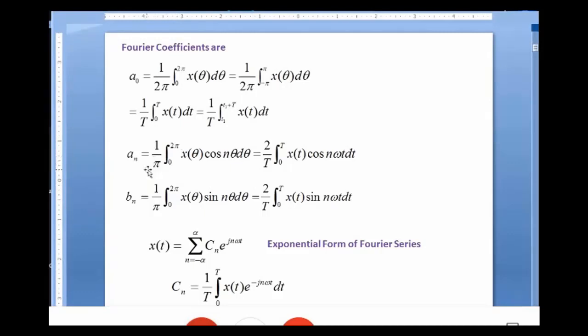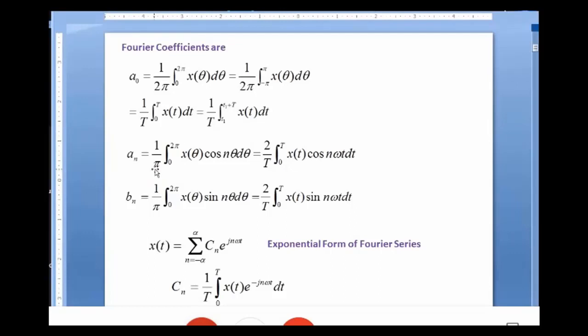Here, in case of full cycle, 1 over pi. Then if the limit is half cycle, then the front coefficient will be again half, right? So 2 by pi. Everybody clear? Yes, sir.